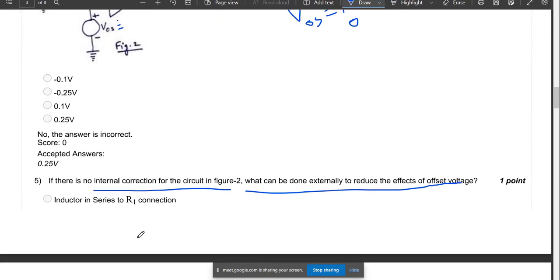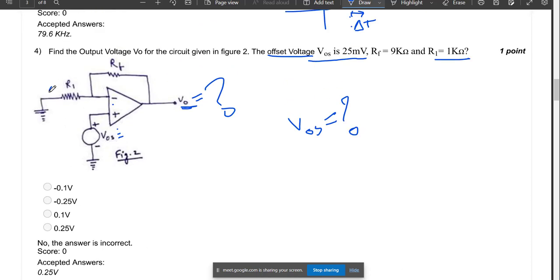To correct the problem, externally what we can do is put a capacitor in series with R1.